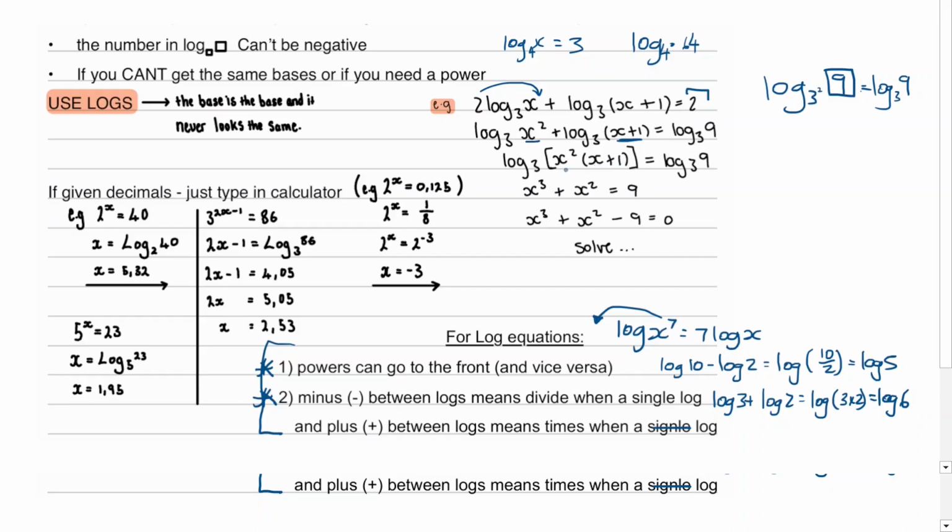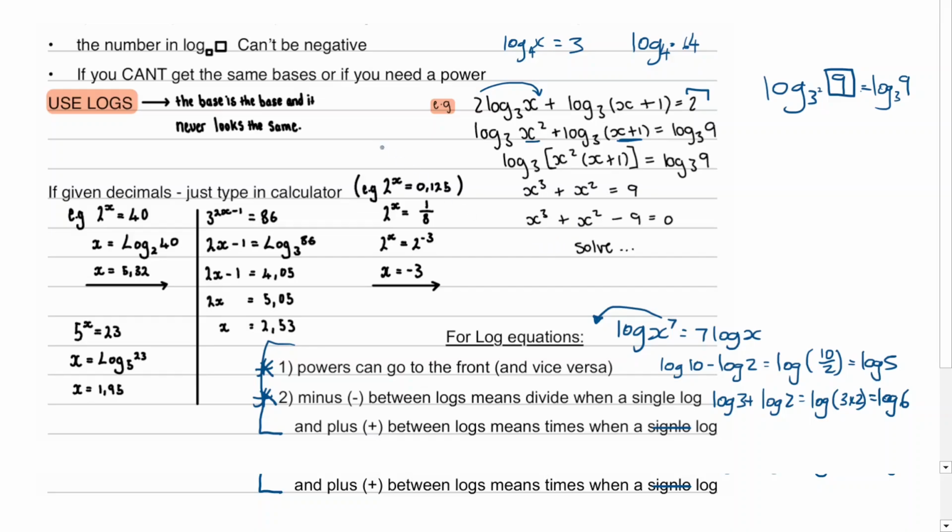Once I've done that, because I've got log base 3 of this equals log base 3 of that, then this will equal that. I can bring that across, and then I won't do it for the purpose of this video, but you can go on to solve this cubic equation from there. And so that is hopefully a nice introduction to slightly more complicated log law equations.